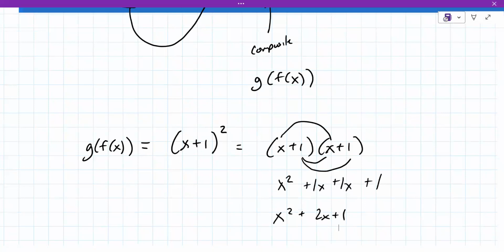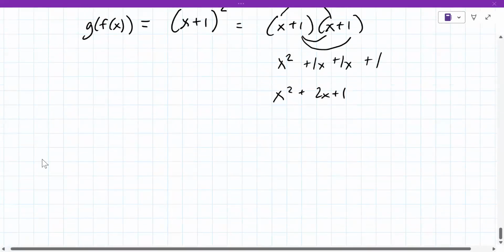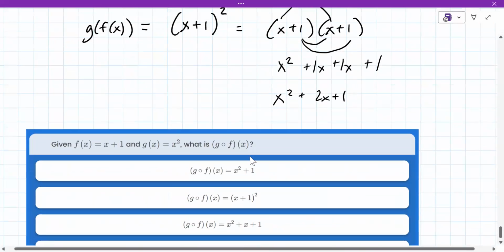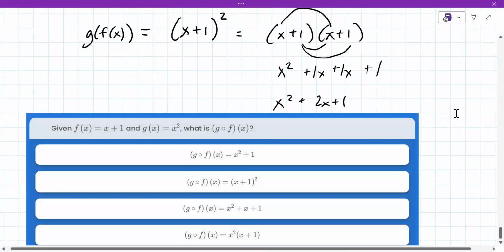And one of the things that makes this assessment really challenging is that even though you've done that correctly, they put the answers in a way that's almost deceptive here. Let me slide this up here. So tell me what you see here. Do any of these match up with what you've done?